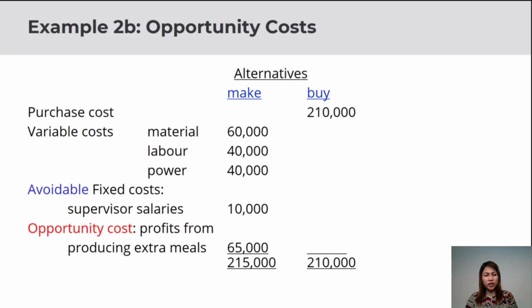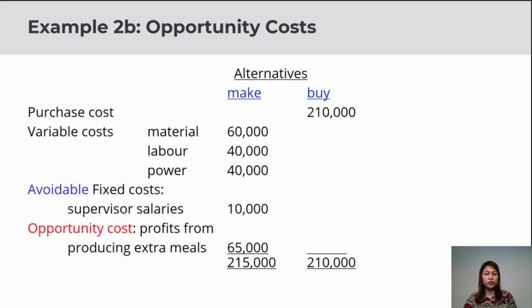So 65,000 extra profit will arise when Kangaroo Airlines chooses to buy dessert from a Melbourne bakery. Again, this profit will not reduce the total purchase that they have to pay to the Melbourne bakery.